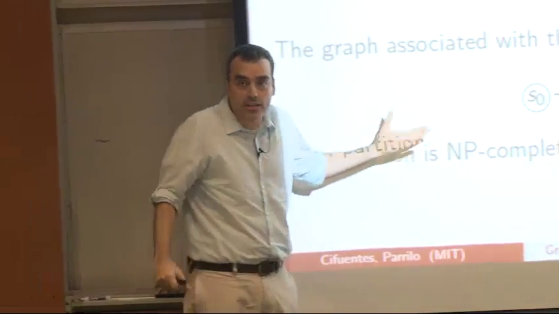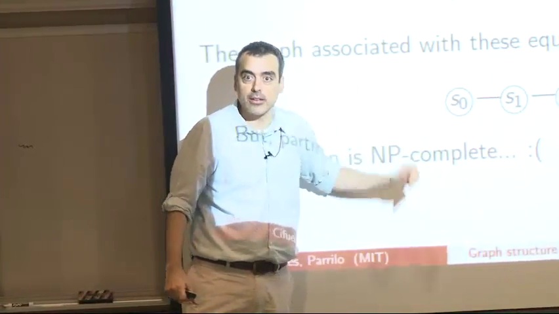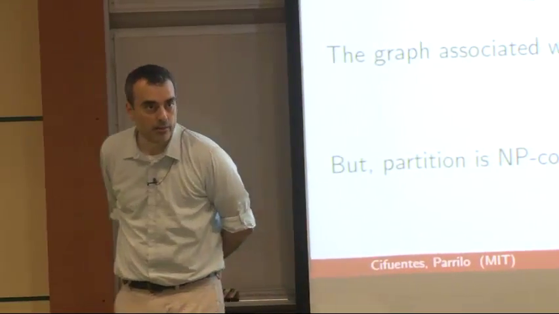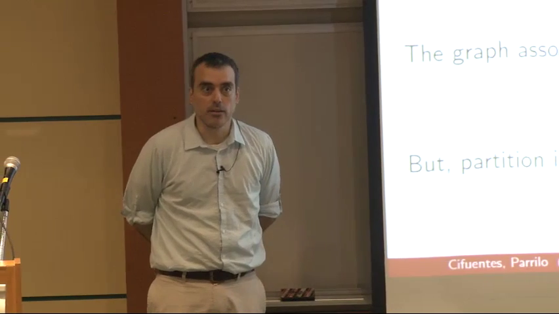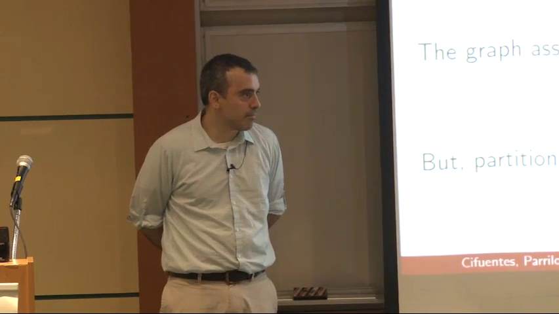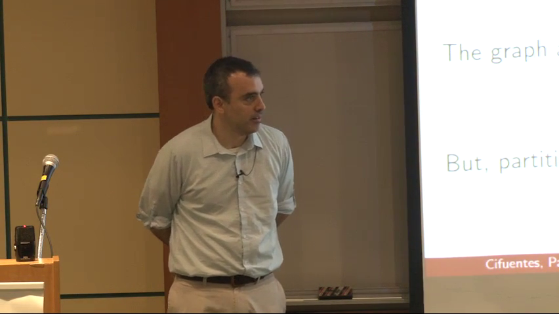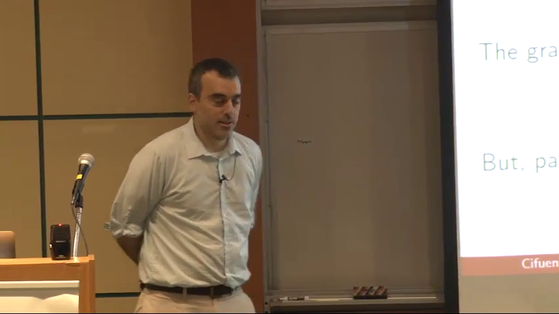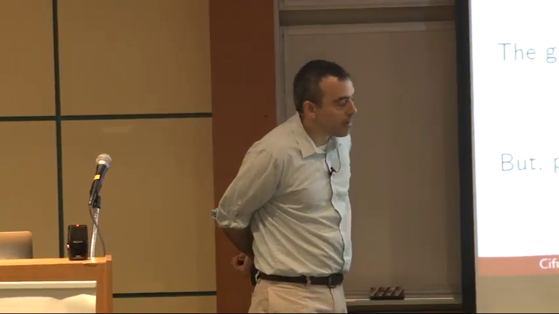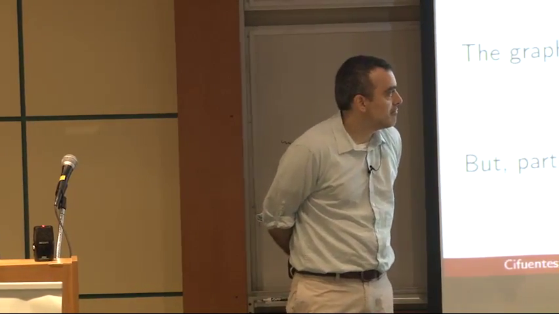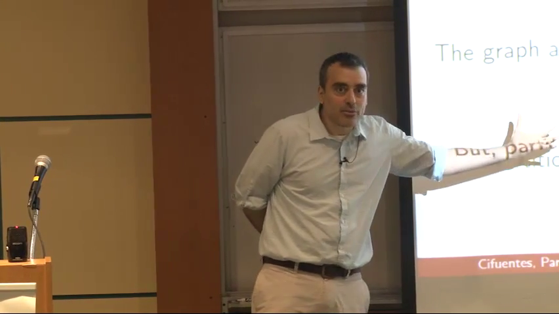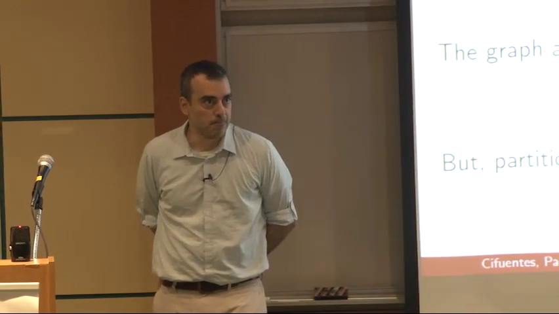But on the other hand, it's well known that partition is NP-complete. So somehow there's something wrong somewhere, right? I have here a nice NP-hard problem, and I write it as a polynomial system on a tree, right?